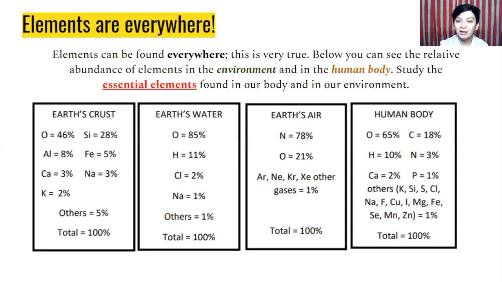While in the human body, we are largely composed of 65% oxygen, 18% carbon, 10% hydrogen, 3% nitrogen, 2% calcium, and 1% potassium and other elements, in a total of 100%. So that is the chemical composition of the human body.